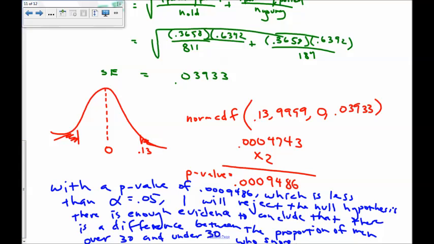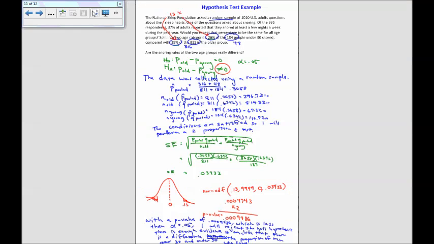Okay, and that is the hypothesis test. I first stated my hypothesis and alpha level. I checked my conditions. I stated what test I'm going to do. I found my p-value, and then I gave a conclusion in context.